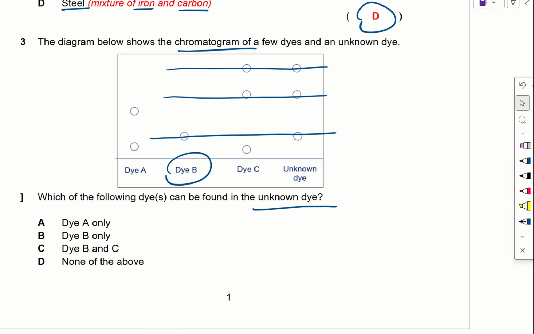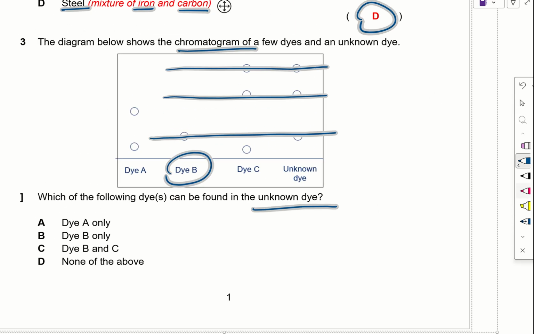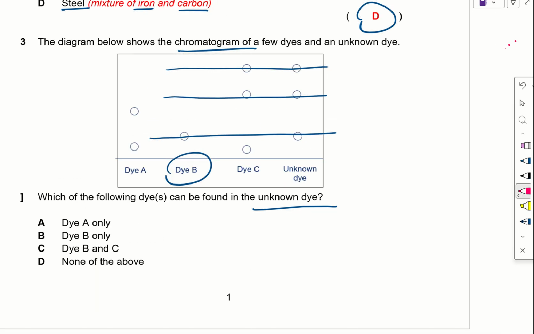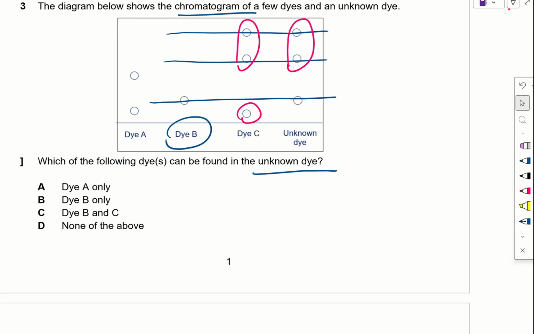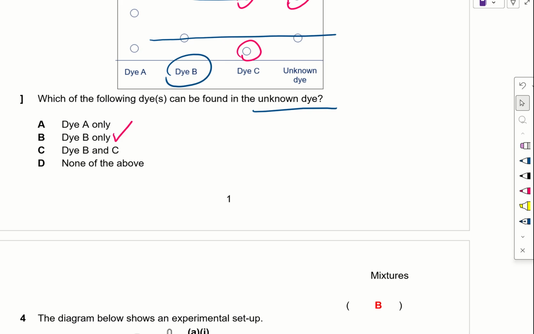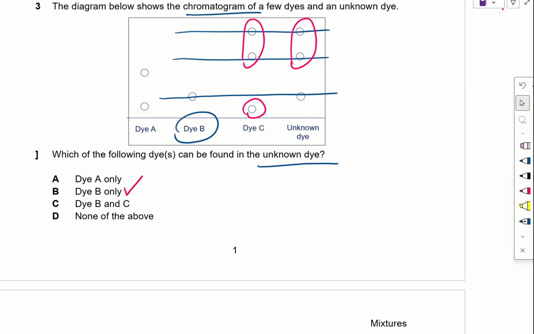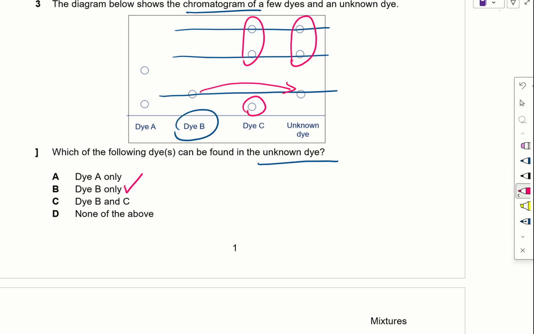No, because if you look at dye C, right, only these two correspond to the signature in the unknown dye, but this dye is not found inside. Okay, so it will only be dye B. We need a full match. Okay, so dye B, yes, it is found in the unknown dye, but not dye C.